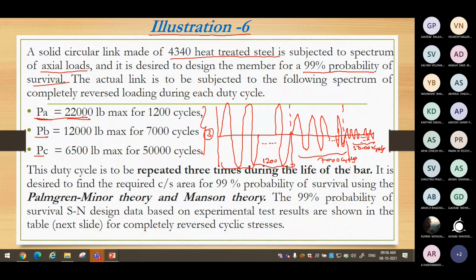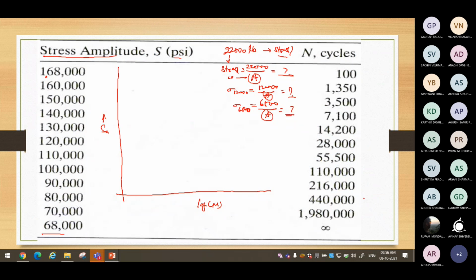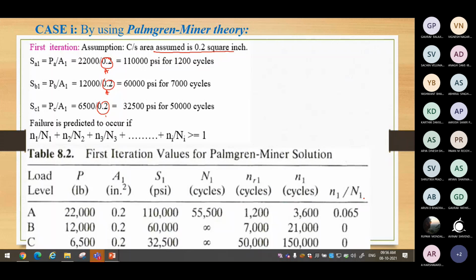So you have to plan such that your component is going to give you only that much particular life. So, okay. So like that, some assumption with understanding, 0.2 is taken, and further things we'll discuss on the next class. So when you come to next class, please solve this problem with Palmgren-Minor rule, not with the double linear Manson rule. Double linear Manson rule I'll explain in the next class, crack initiation and crack propagation.